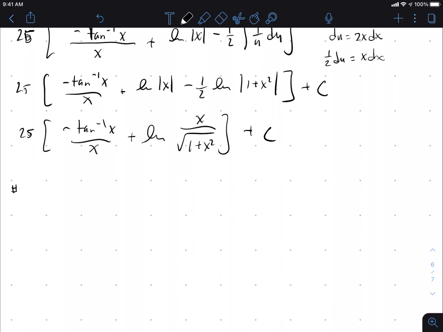All right, so this is number 23, you said. So we have an integral of x squared root of 4x plus 1. For this one, what I would do is a u sub, and I would do u is this root of 4x plus 1, right?